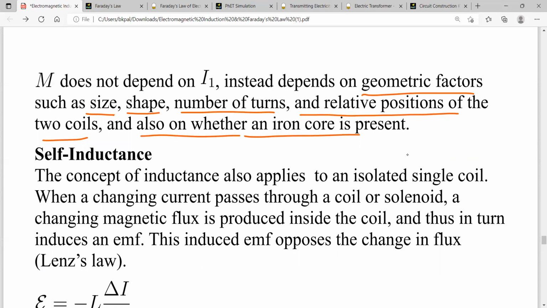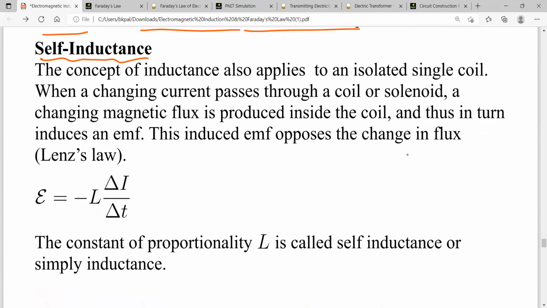All right, the next thing is the self-inductance. So when we have two coils, we get mutual inductance if there is a current in one coil. But if we have only one coil and there is a current in that coil, the inductance we have is called the self-inductance. It's very similar to the mutual inductance, but we call it self-inductance because there is only one coil.